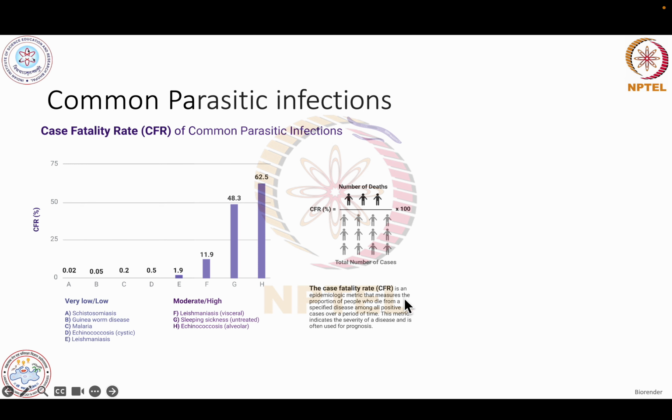The case fatality rate is an epidemiologic metric that measures the proportion of people who die from a specified disease among all positive cases over a period of time. This metric indicates the severity of a disease and is often used for prognosis.